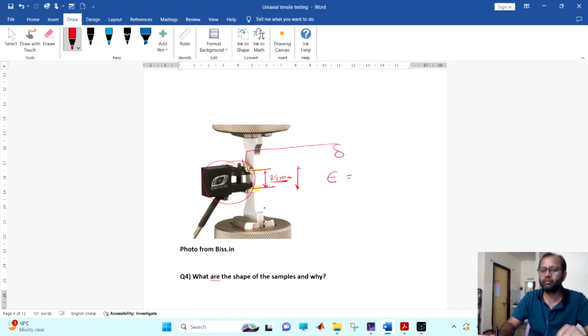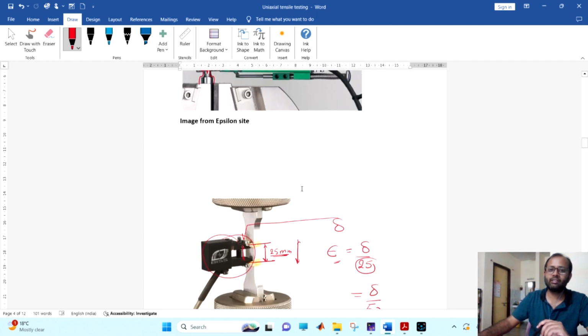The strain will be equal to delta divided by 25, whatever the gauge length of this extensometer. Sometimes it is 25, sometimes it is 50 mm or 12 mm. It will be mentioned on the extensometer. So like this we can measure the strain.